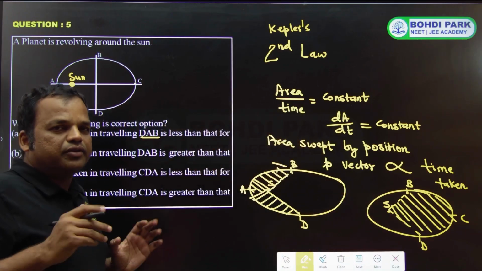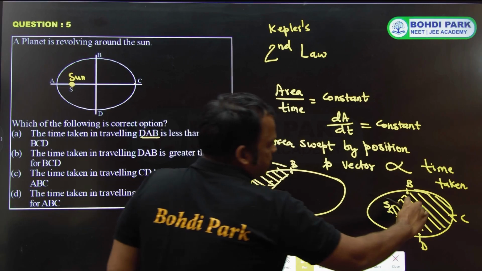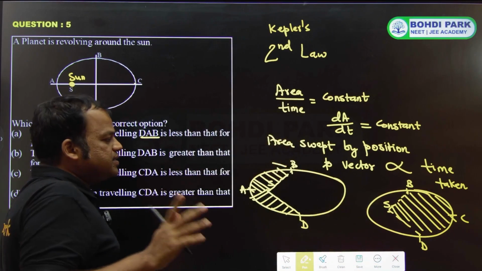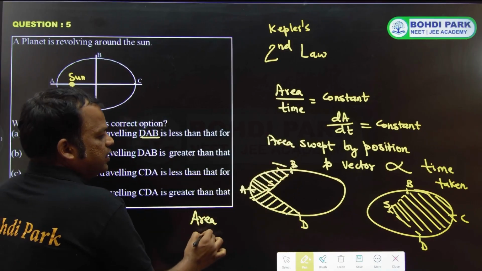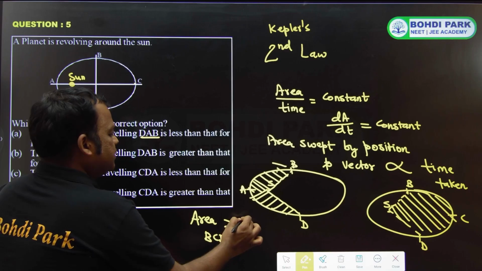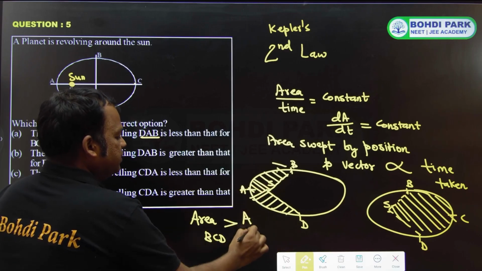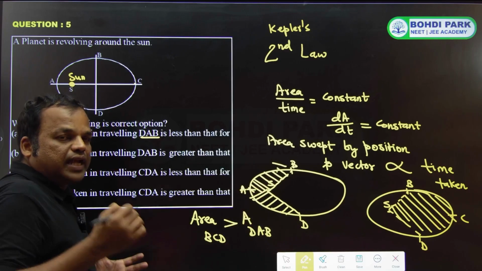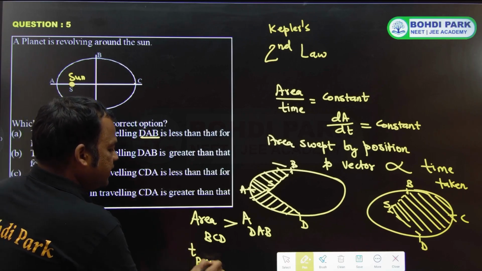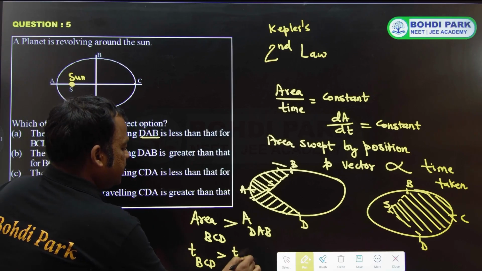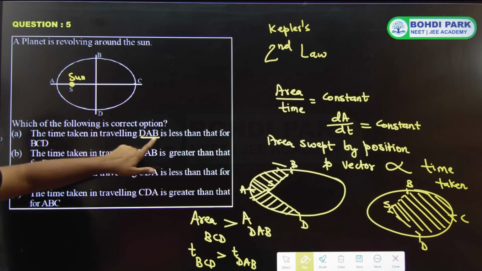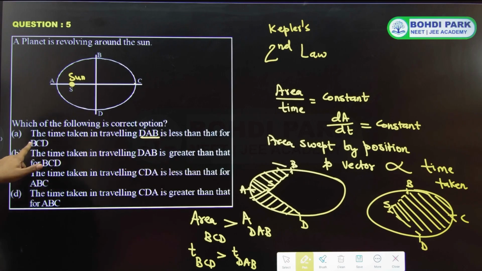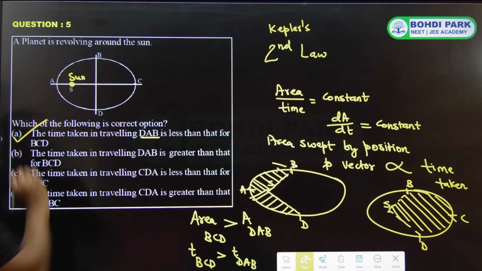Now clearly we can notice over here the area covered from BCD is greater than the area covered from DAB. So area BCD is greater than area DAB. So the time taken from BCD is greater than time taken from DAB. The time taken in traveling DAB is less than time taken from BCD. So the first option is correct.